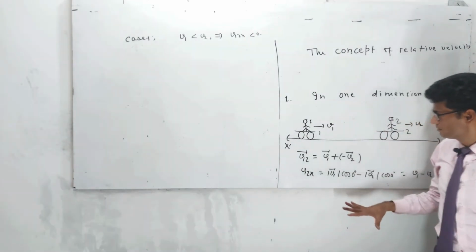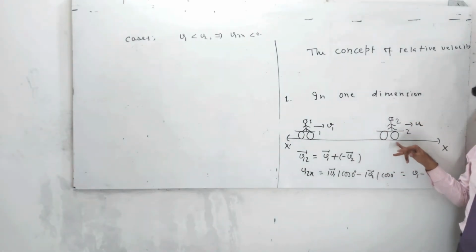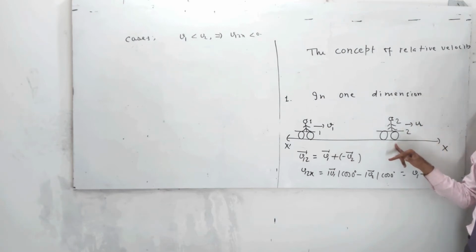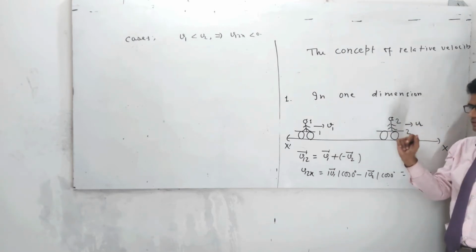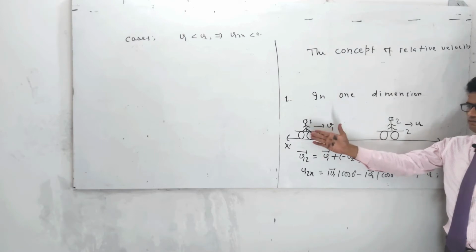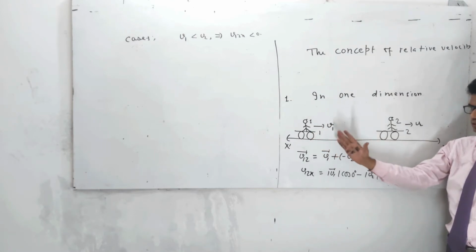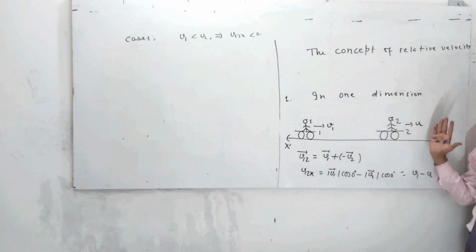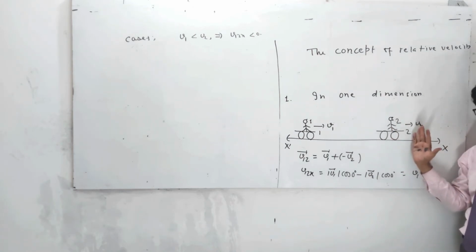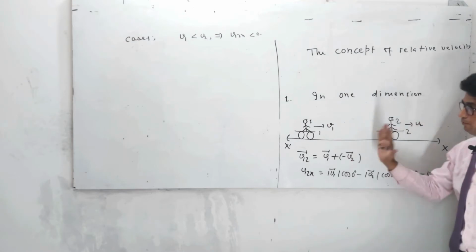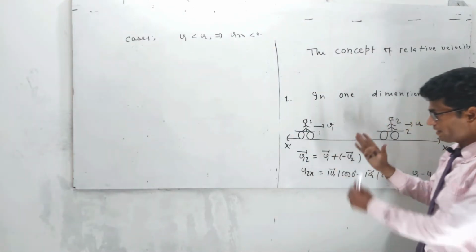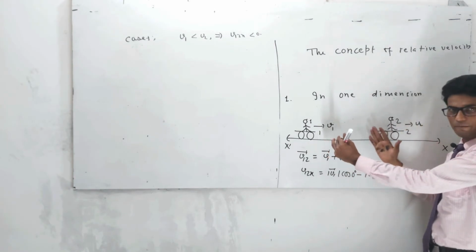It means person 2, who is on trolley 2, sees that person 1 along with trolley 1 is going away from him or her. Going away, why? Because this is negative. So the separation increases as time goes on.